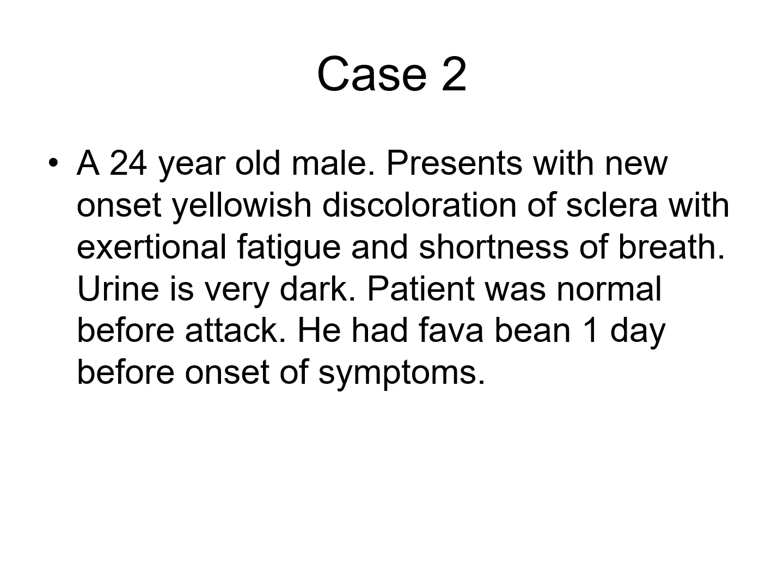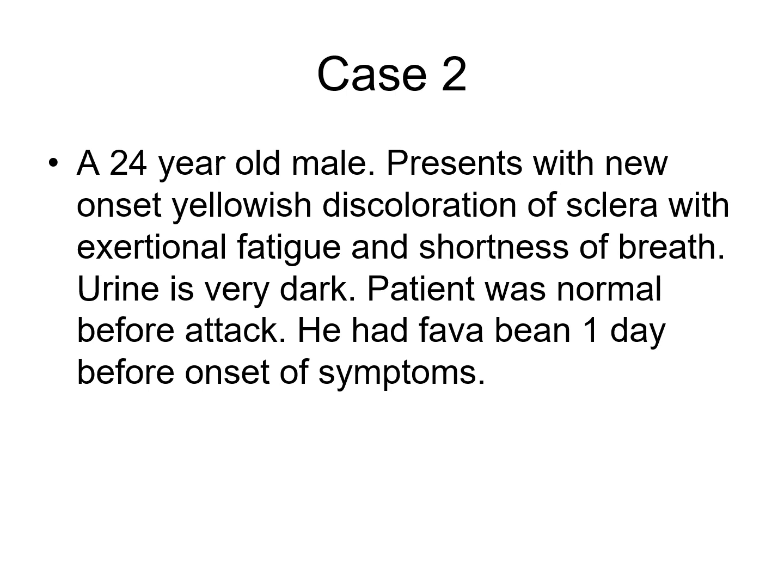Okay, so case number 2, we will be presenting this case about a 24-year-old male who is presented with a new onset yellowish discoloration of the sclera with exertional fatigue and shortness of breath. So the presentation here is again similar when it comes to having anemia symptoms and jaundice.